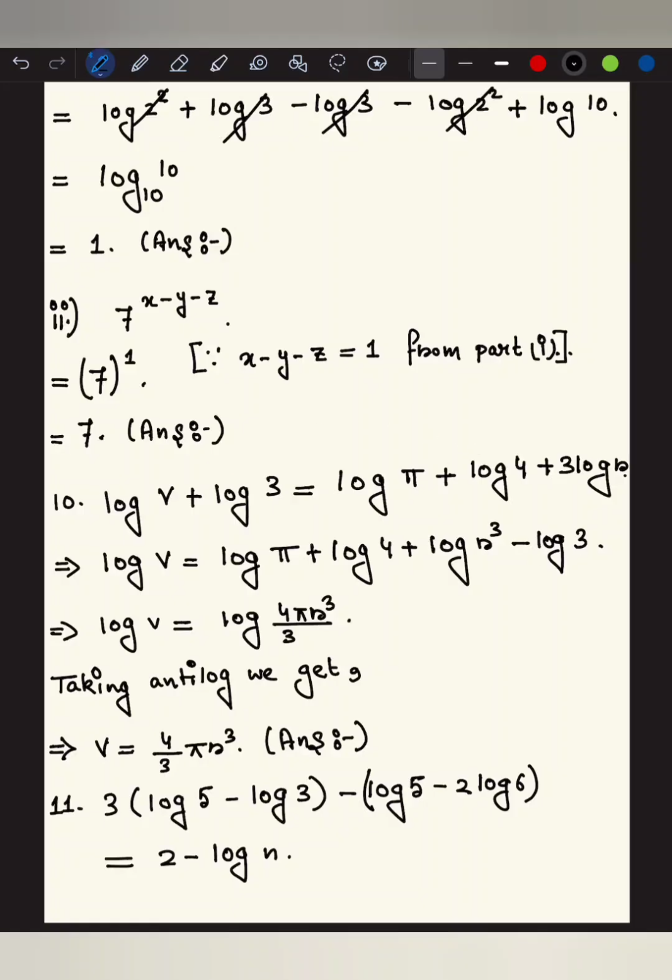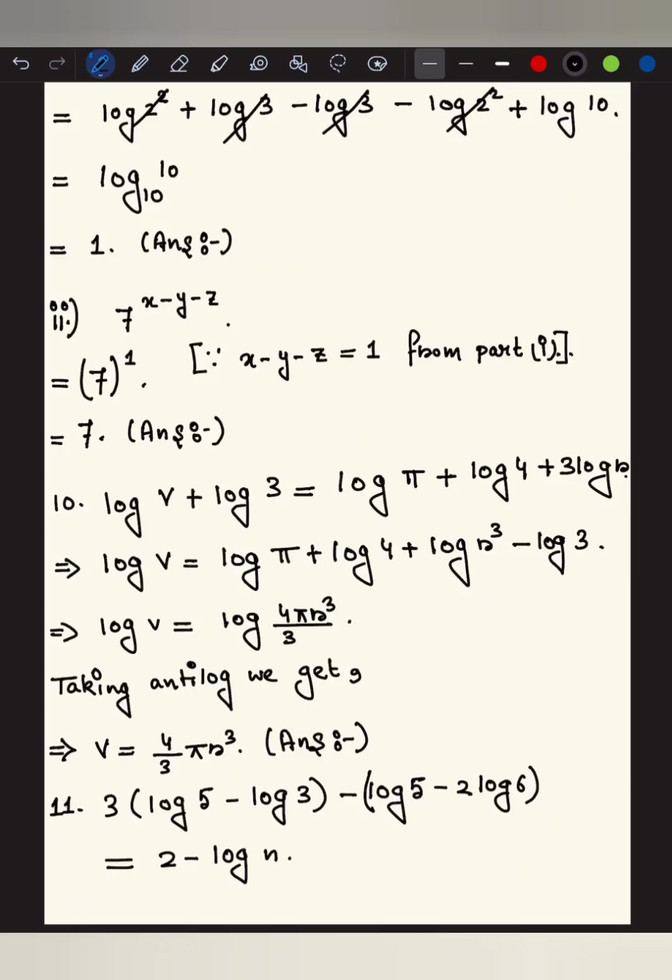So log v equals log, when these are all plus, they get multiplied, and when this is minus, it gets divided. So 4 pi r cube divided by 3.